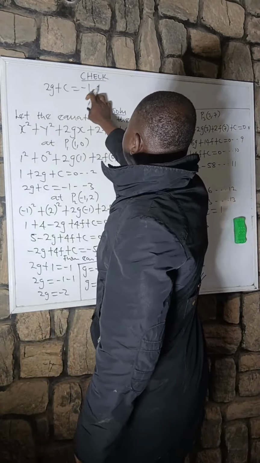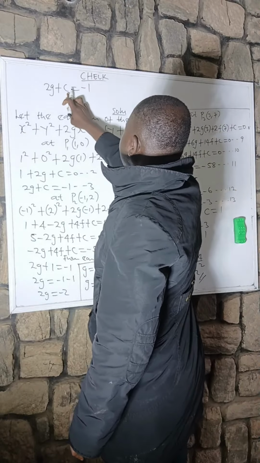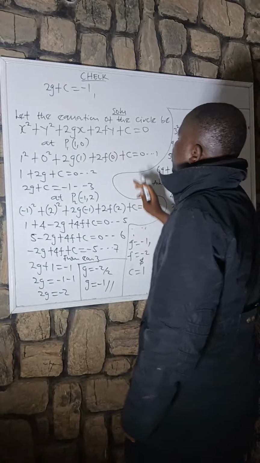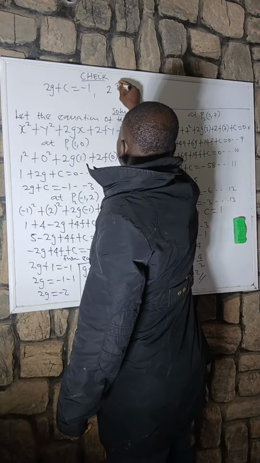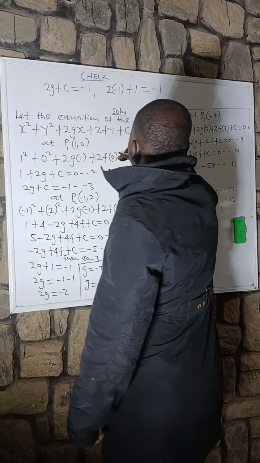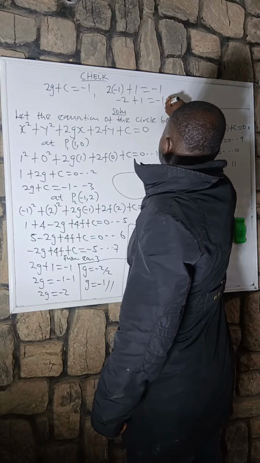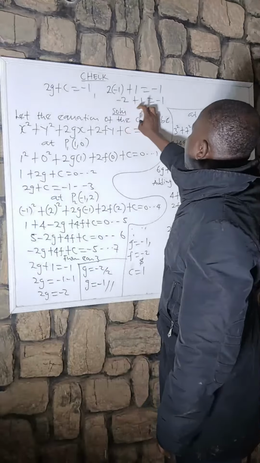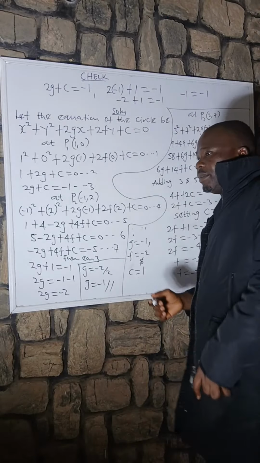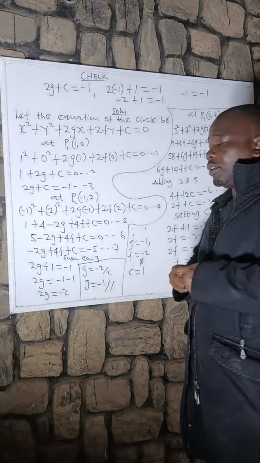Since our c is 1, our g here is minus 1. So 2 open bracket minus 1 close bracket plus 1 equals to minus 1. This times this, minus 2 plus 1 equals to minus 1. You can now see that minus 2 plus 1 is minus 1, equals to minus 1. So it means our answers are right.